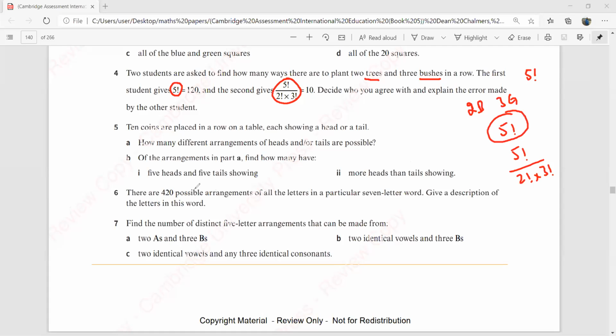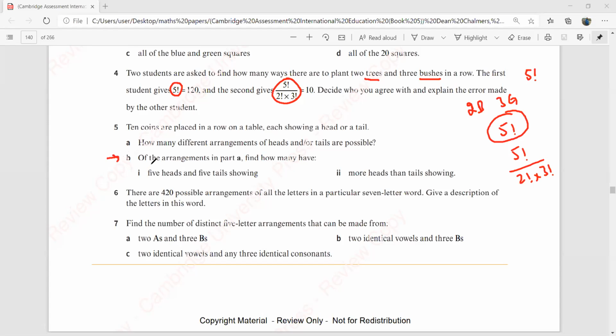Okay. Now look at this question number 5. This should be our last question. It says 10 coins are placed in a row on a table, each showing a head or a tail. How many different arrangements of heads and or tails are possible? Very tricky question. Before you answer this A part, you can answer the B part first.